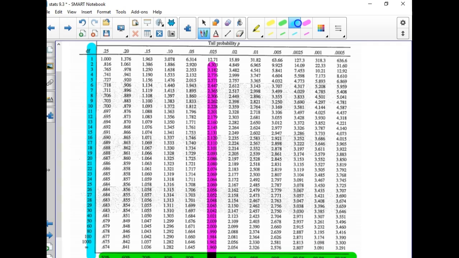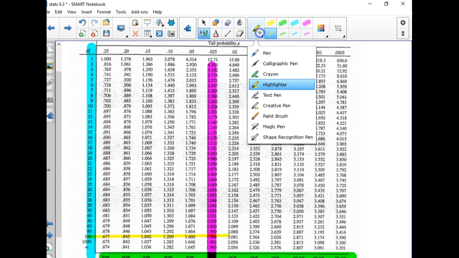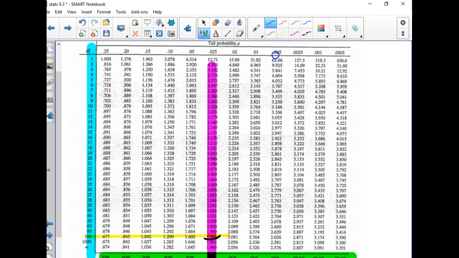We always round down. So we're going to go to 100, okay? Even though we're moving up on the chart, that is rounding down, correct? Okay, so I'm going to look at that column there at 100. And you can see right there where it crosses, my critical value is 1.984.